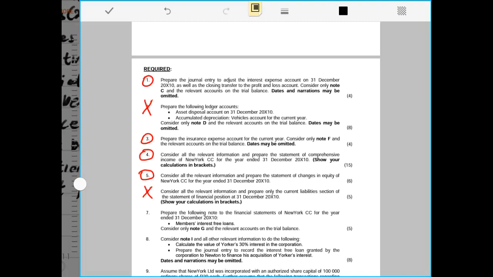Prepare the following note to the financial statements of New York CC for the year ended 31st of December 2010. So now we would definitely need to do the members' interest free. Number 9, we are required to calculate the interest.